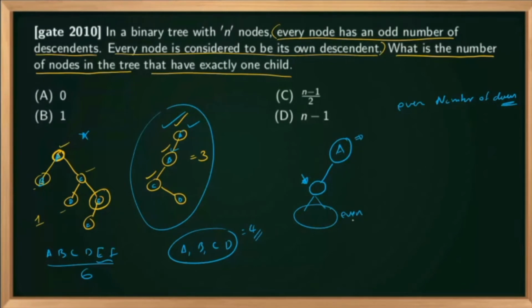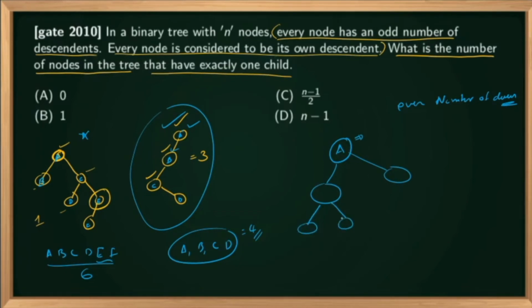So this even plus this one is going to become odd. My condition is that excluding A, the number of descendants should be even. That is going to break here because I haven't taken a right child. So I have to take left as well as right from A. I hope it is clear to everyone now. Again, if I have a branch here, I have to take left and right.